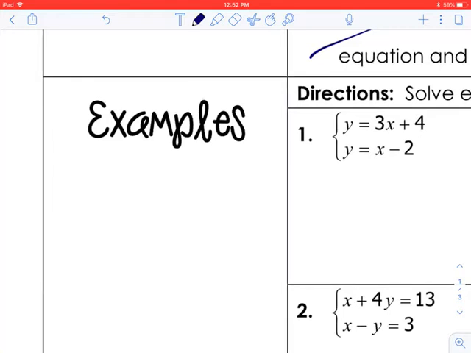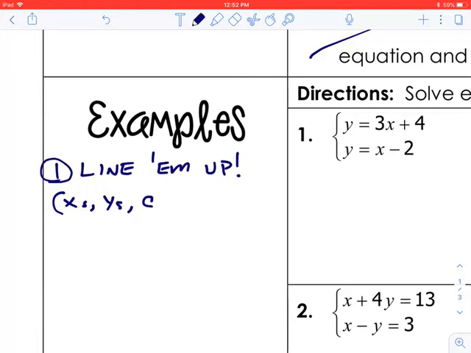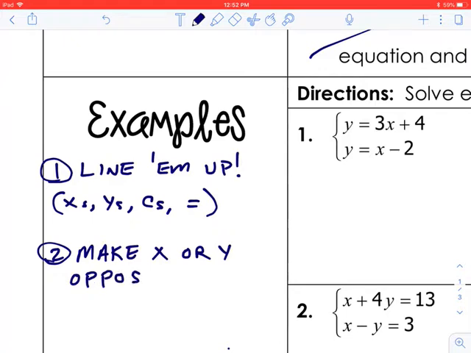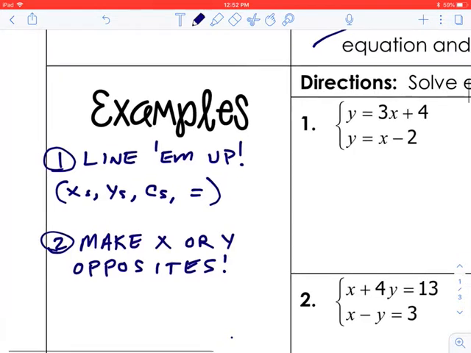Okay, so number 1 is still the same. Line them up. Make sure they are lined up. That's the x's, the y's, the constants, and the equal sign. Okay, once they're lined up, number 2, make x or y opposites.